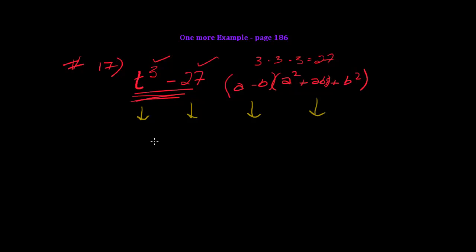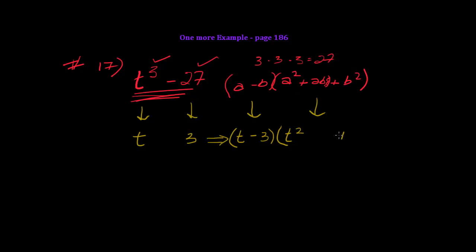So we have t and we have 3. So take this over here and say t minus 3. Then take the squared term, t squared.